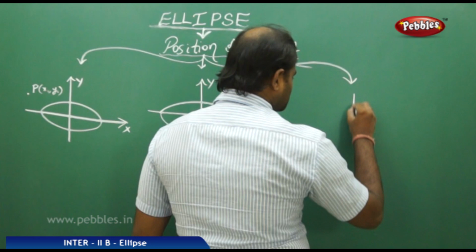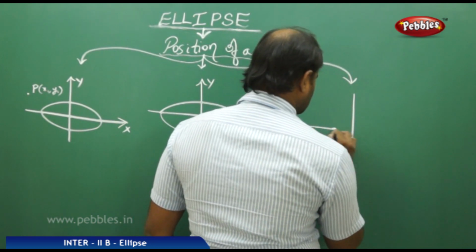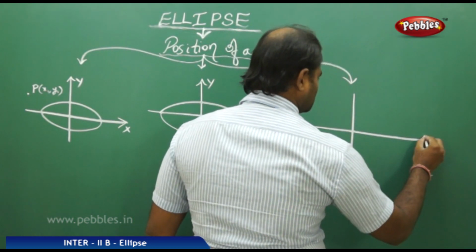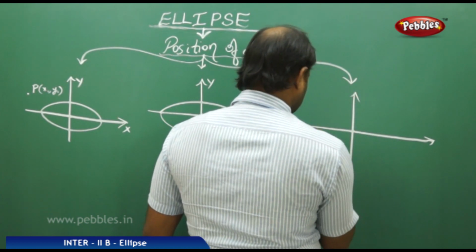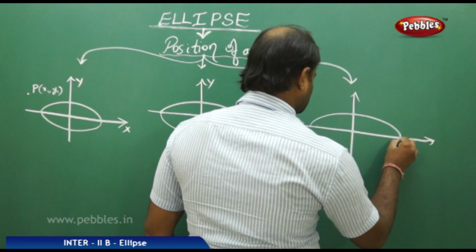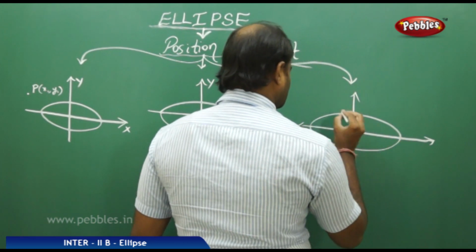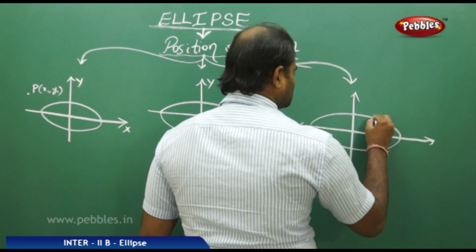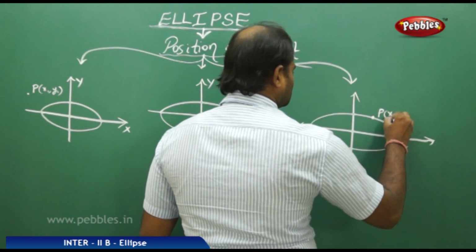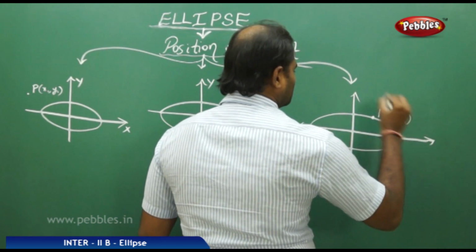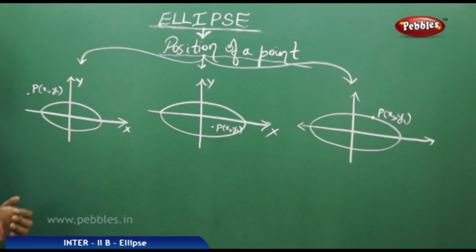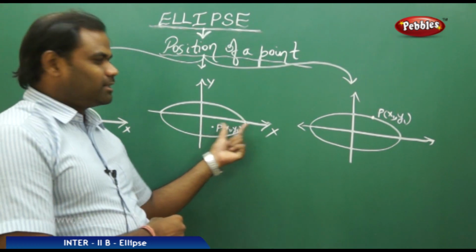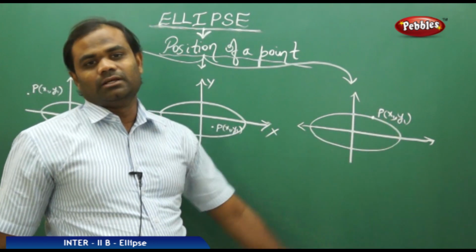And the third case is where P lies on the ellipse. So the 3 cases of the position of the point are: P outside the ellipse, P inside the ellipse, and P on the ellipse.